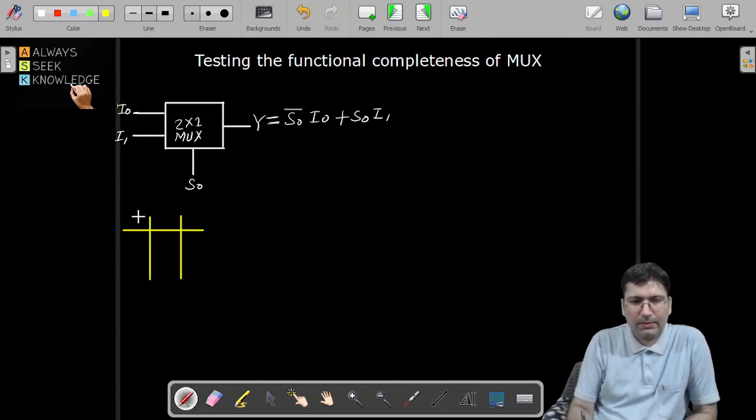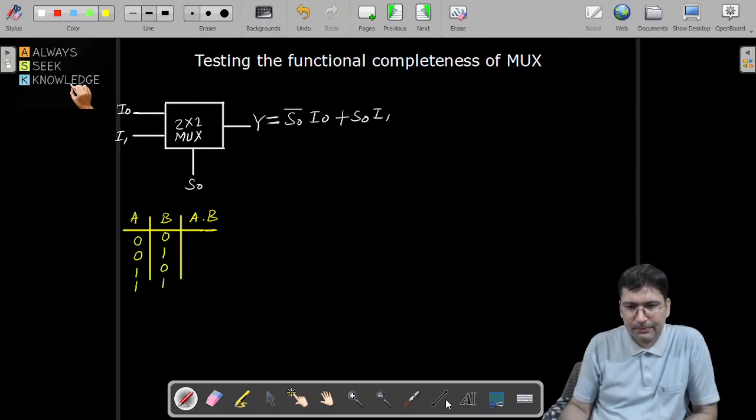So let's say you are having A and you are having B, and you intend to generate AB or A dot B. Then there will be four combinations: 0, 0, 1, 1, and 0, 1, 0, 1, right?